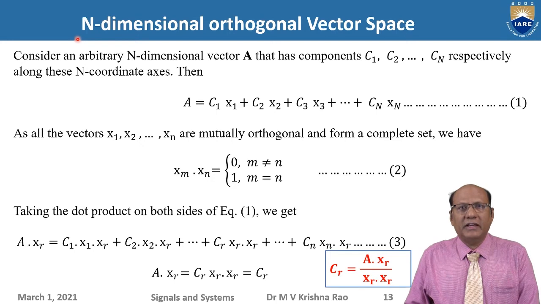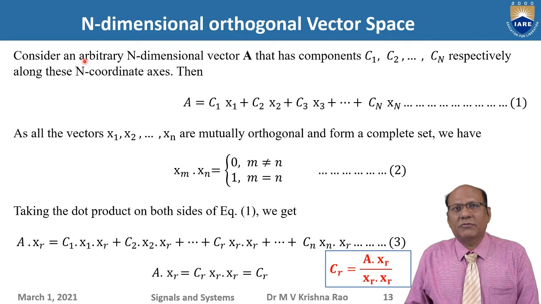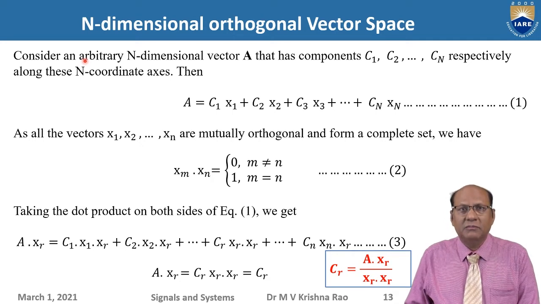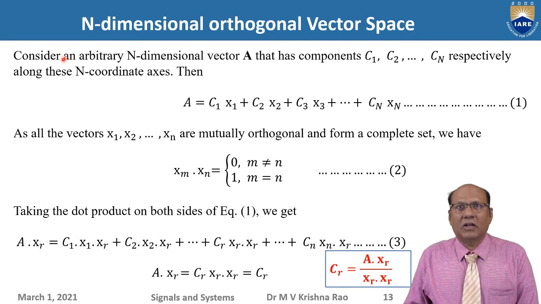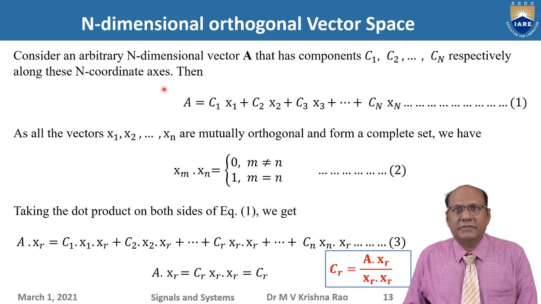Up to three axes we can easily visualize, because we are accustomed to real world objects which have three dimensions. From the fourth dimension onwards, you can discuss it only in terms of a mathematical framework, but you cannot visualize that coordinate system physically. However, at several phases of data processing or signal processing, we require the n-dimensional vector space.